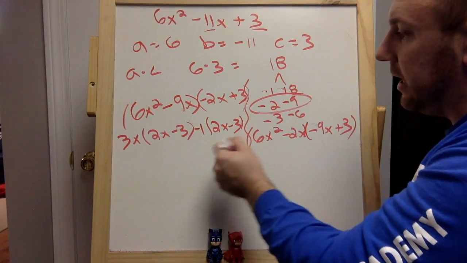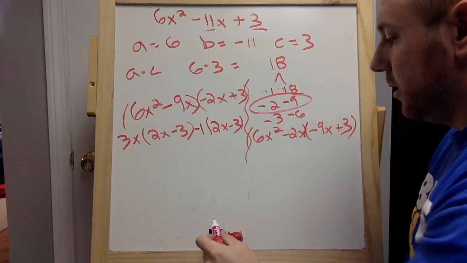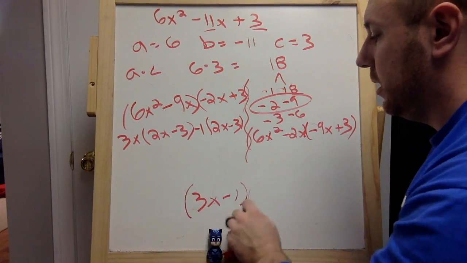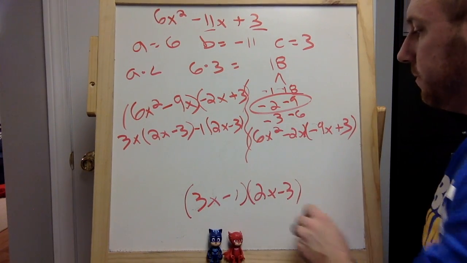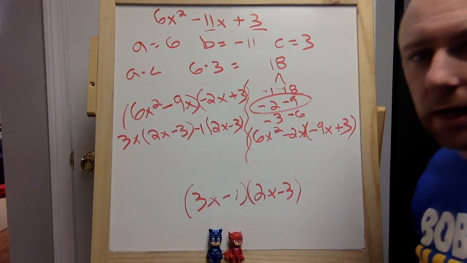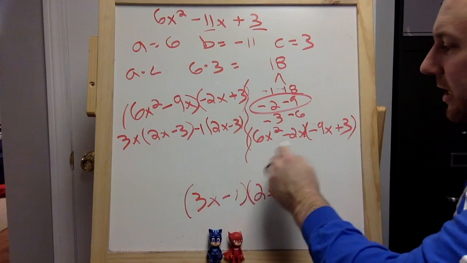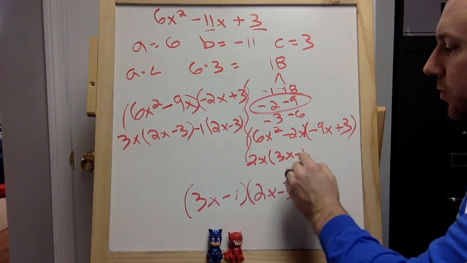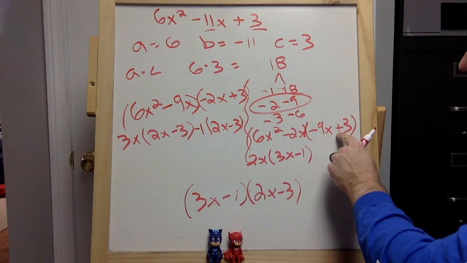So now, once I have my factors, I got the 2x minus 3, I got the 3x minus 1. Now, if I come over here with just rearranging those middle terms, I'm taking out a 2x in this case, but I get 3x minus 1. And I got a -9 and a positive 3.